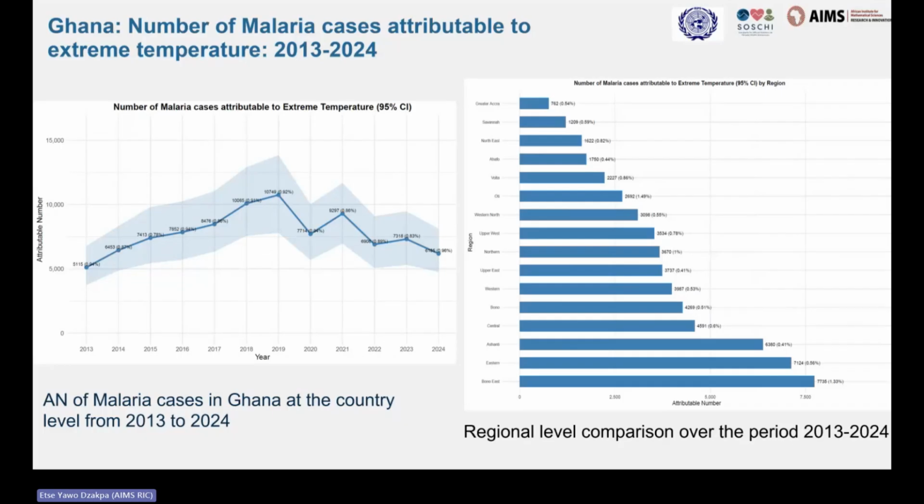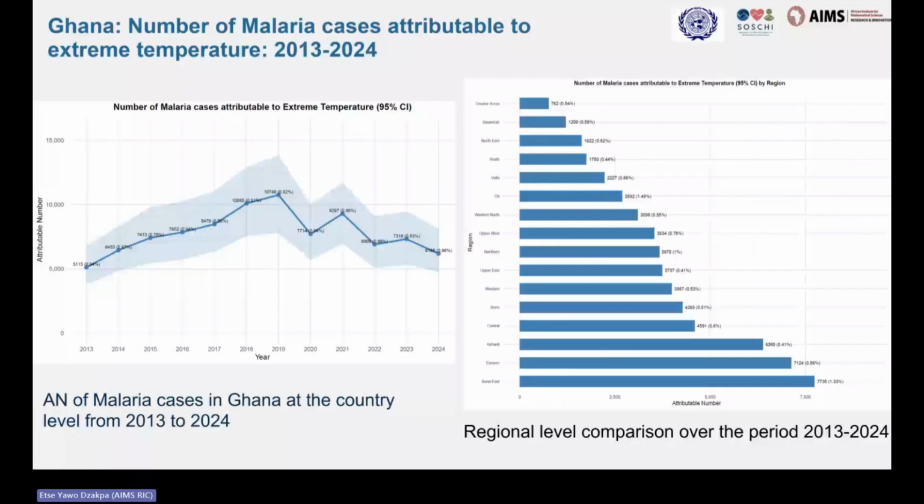In the brackets we have the fraction, the proportion of the observed cases. Here we have the statistics at country level, and also at the region level. At the region level, we clearly identify the regions with a high attributable number related to extreme temperature.